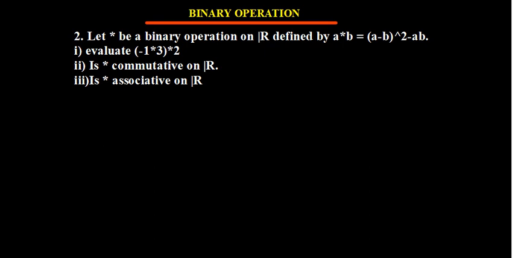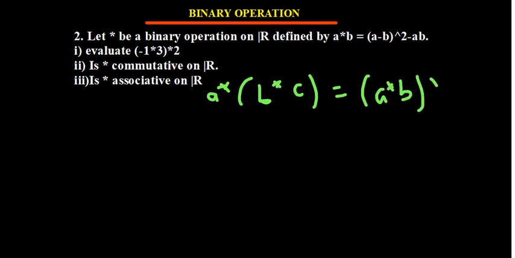So a binary operation is said to be associative when, let me even show it better, when A star (B star C) in brackets is equal to (A star B) in brackets star C outside there.